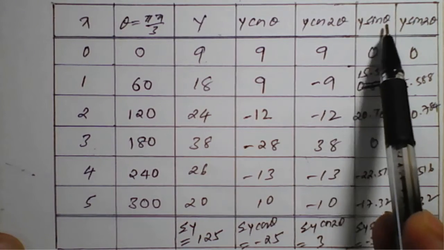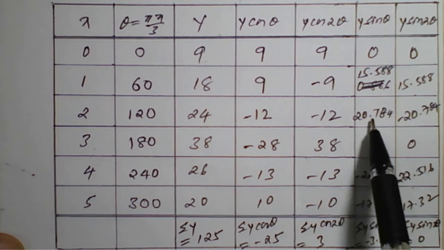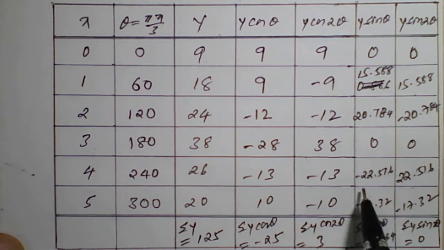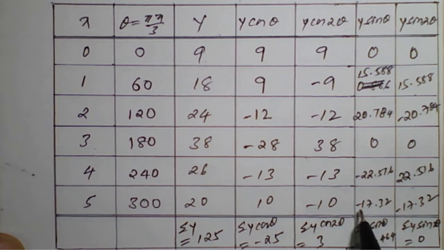Similarly, the values of y sin theta are 0, 15.588, 20.784, 0, minus 22.516, and the next value is minus 17.32, and the summation of y sin theta is minus 3.464.